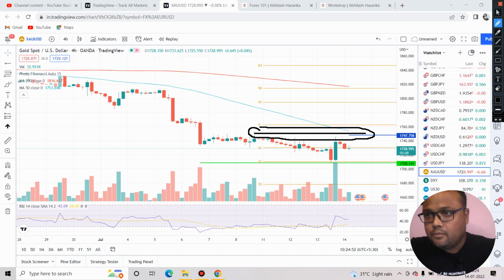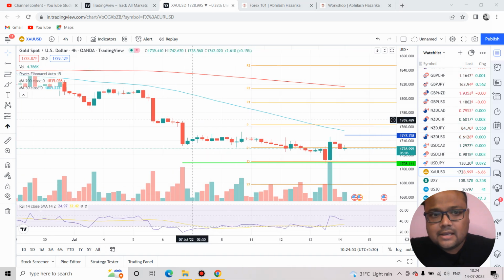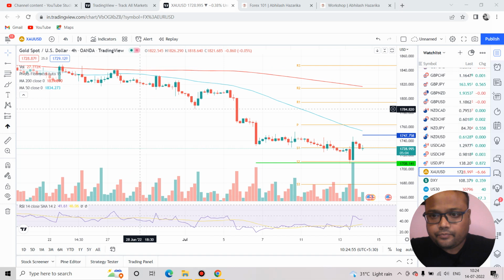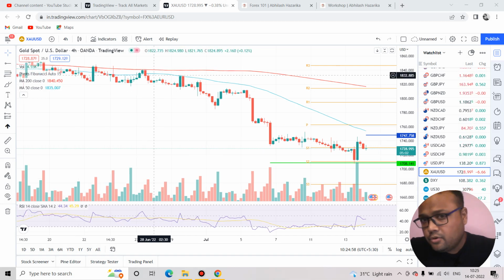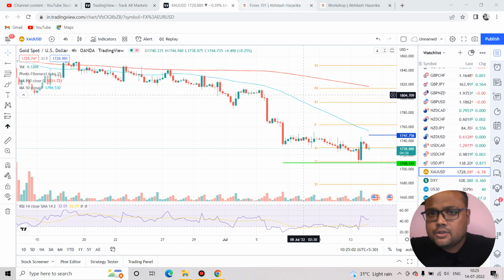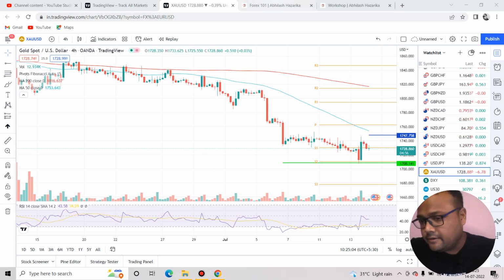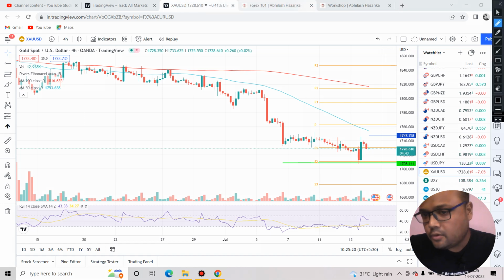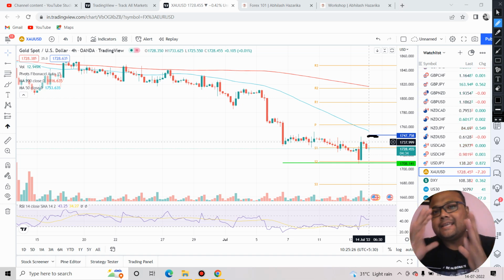Okay, and one more thing I would like to add here, that is the 50 moving average. You can see the 50 moving average has also been acting as dynamic resistance here. So around the 1747 level, when the market is around this level, the 50 moving average will also be in the same position.